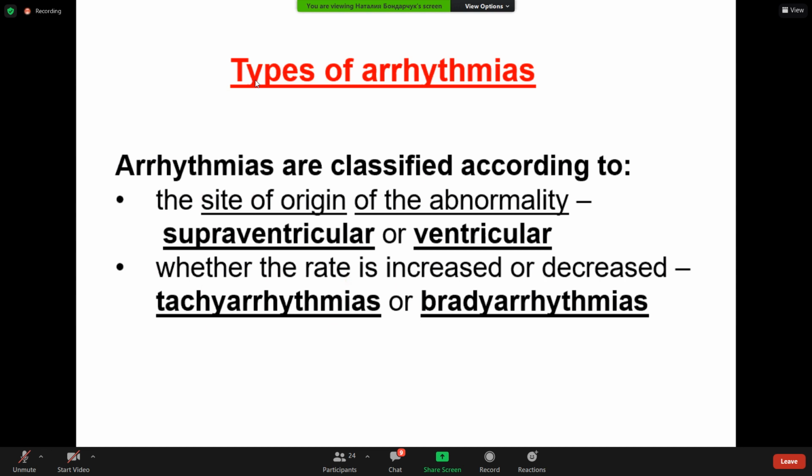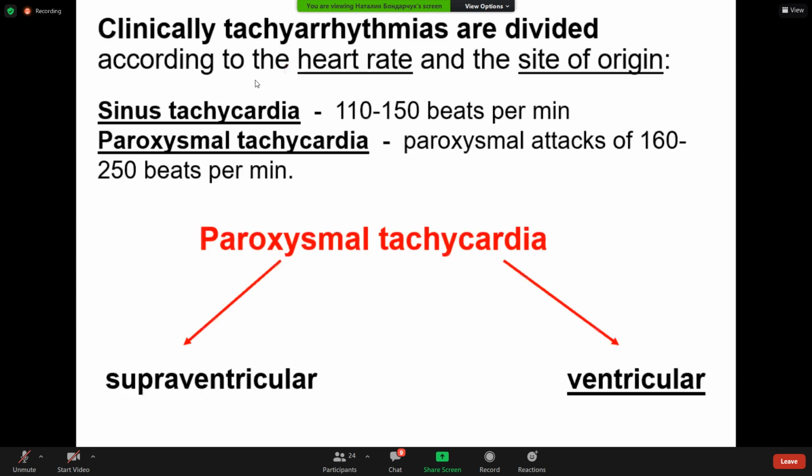For example, the drug is used to treat supraventricular arrhythmia or only ventricular arrhythmia, or in both types, supraventricular and ventricular. Whether the rate is increased or decreased: tachyarrhythmias or bradyarrhythmias. In general, commonly we'll speak about tachyarrhythmias.